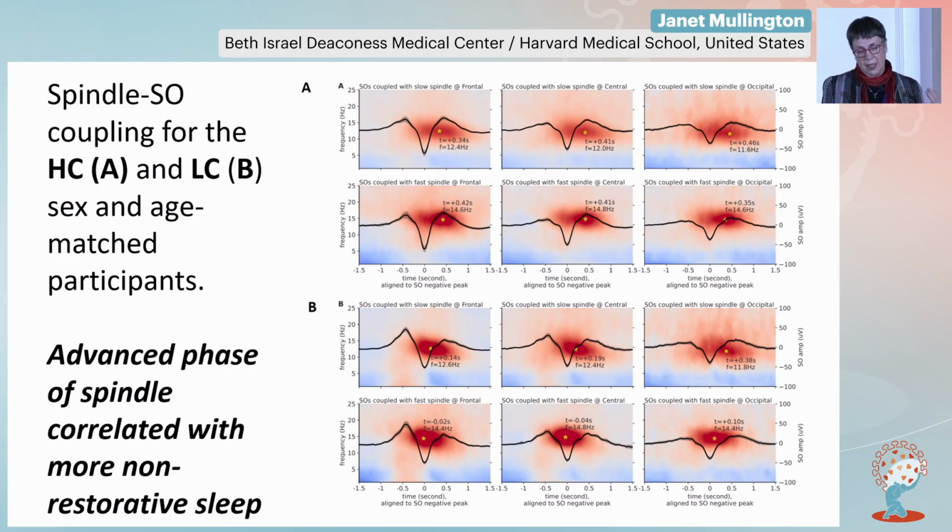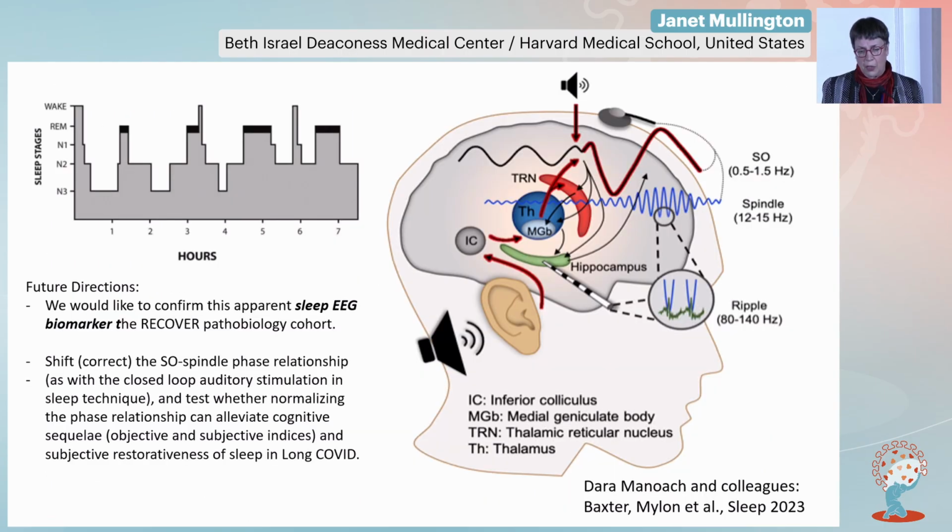And this is a little signature that we're seeing in those thalamic-cortical spindles in long COVID and ME/CFS. And we know that it is somewhat advanced also in aging, but this is not something we see normally.